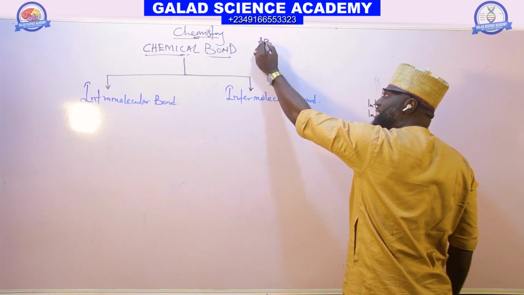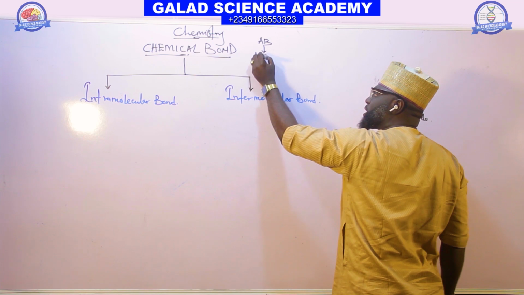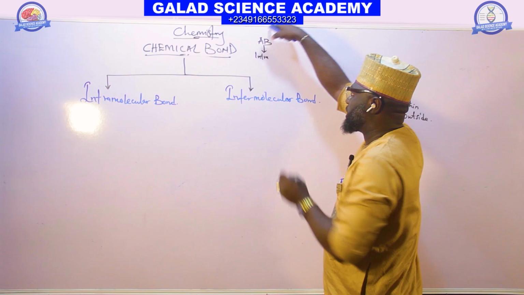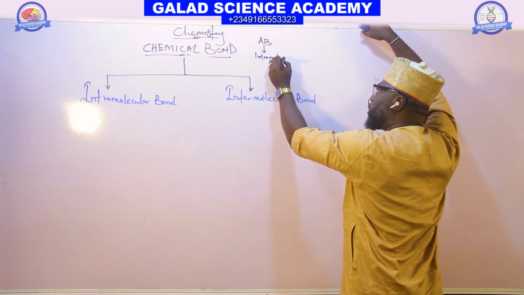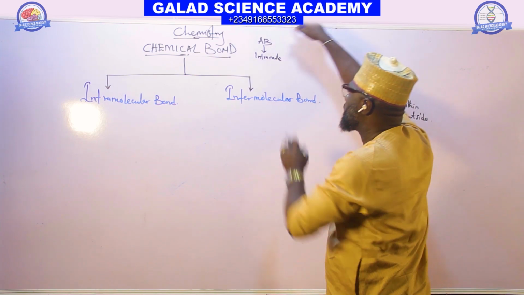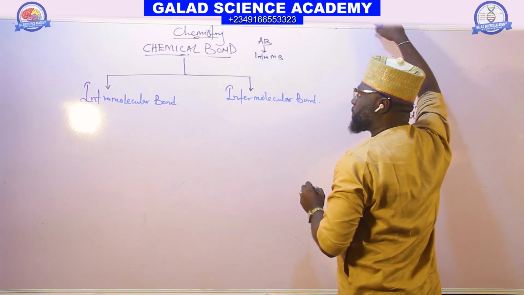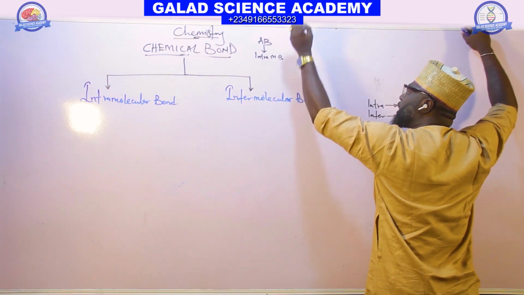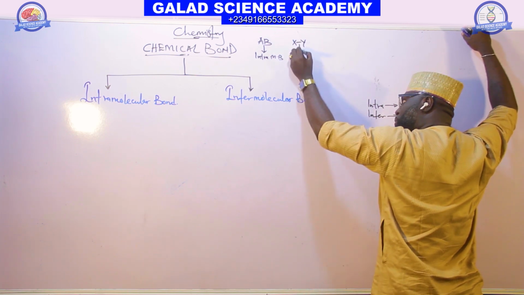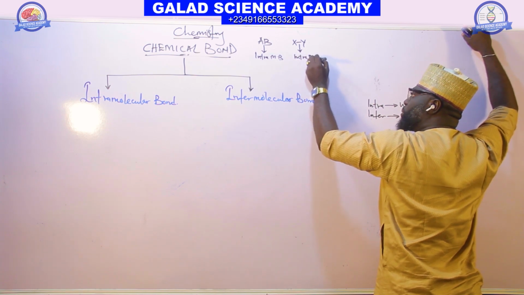The bond between this A and B, we call it intramolecular bond. If we also have X and Y, the bond between X and Y is also an intramolecular bond.